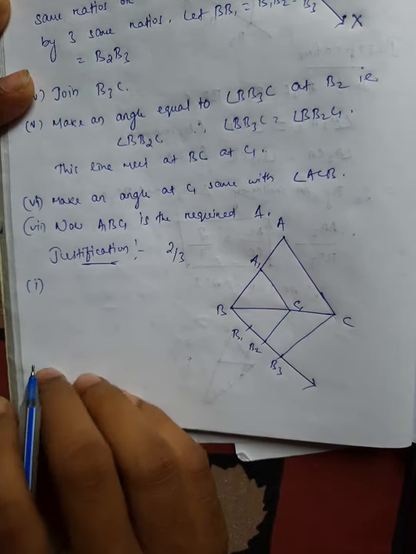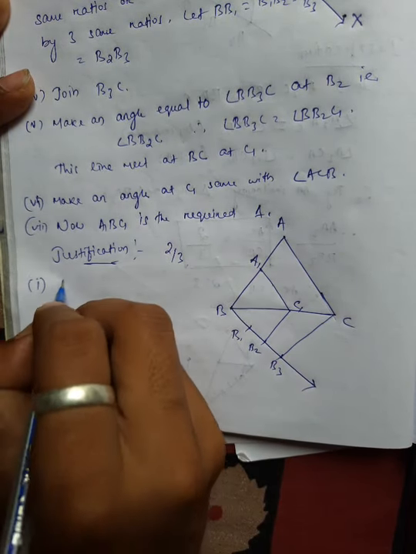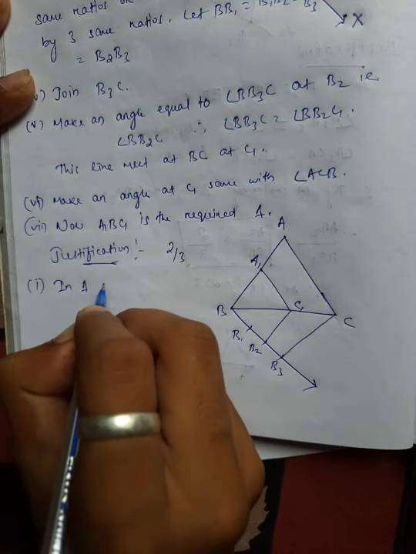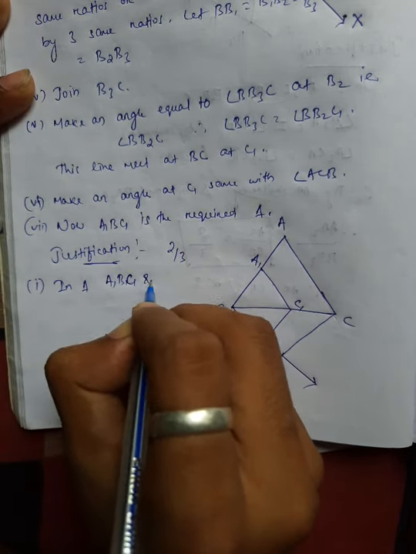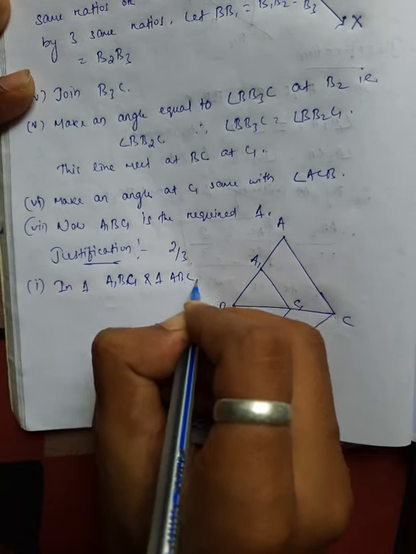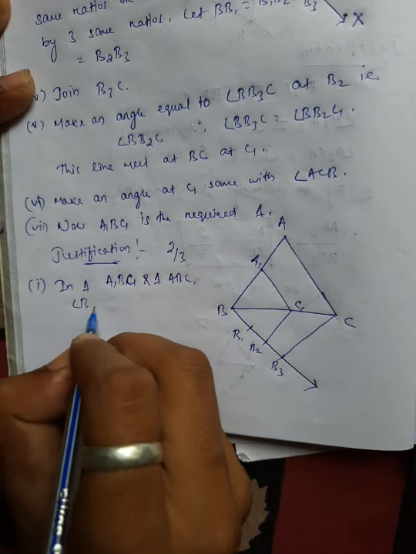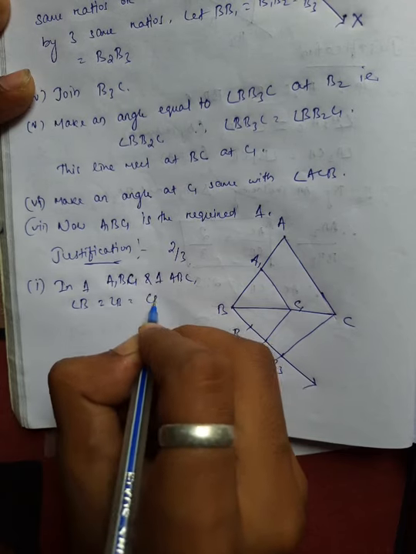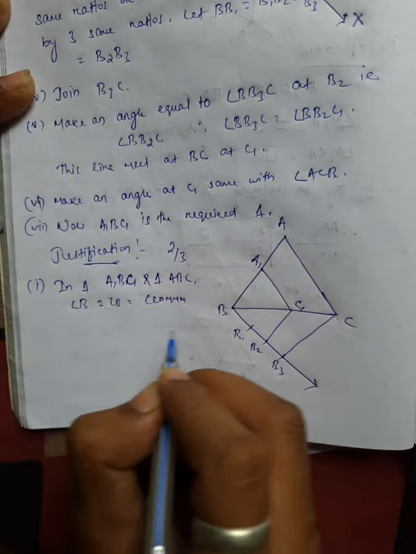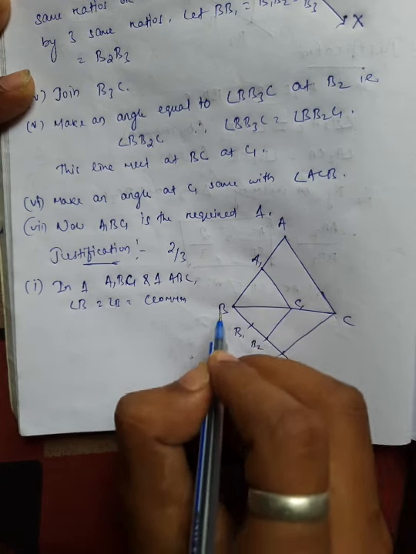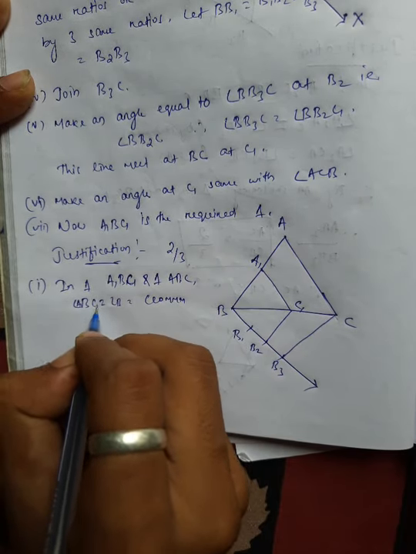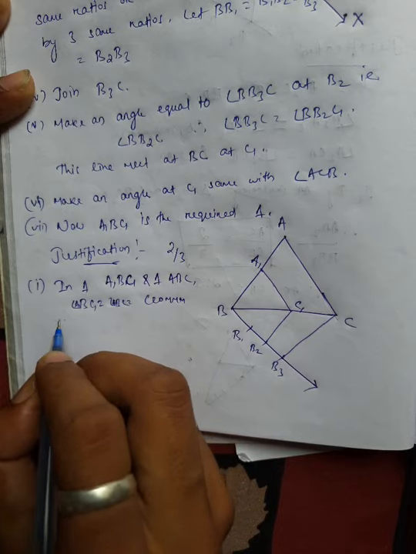Okay. Now we have to justify it. So in triangle A1BC1 and triangle ABC, angle B is common. Angle B equals angle B, this is common. We can write it as angle ABC equals angle A1BC1.